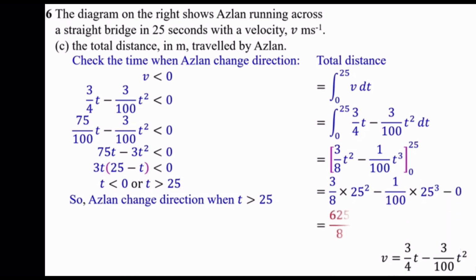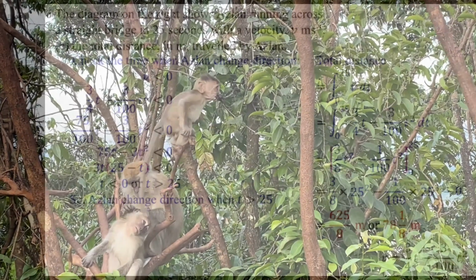We will substitute t equal to 25 and 0 into the displacement function, so we will get the displacement for Azlan when the time is 25 seconds. The displacement is positive, so it is equivalent to the total distance, which is 625 over 8 meter, or equivalent to 78 and 1 over 8 meter.